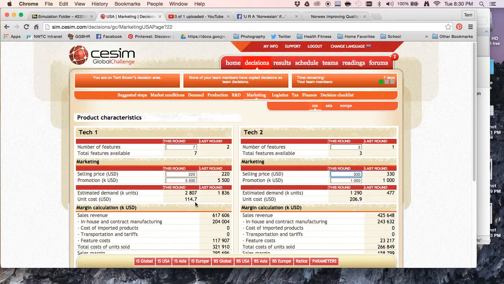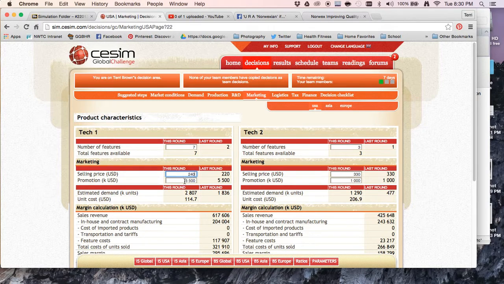I'll then look at the unit cost here. The unit cost for me is 114 US dollars. My demand estimate is there. And right now I have it at about $220. I think that might just be a little bit low given the number of features. So I'm gonna at least double it so that I can make a little bit of a profit on this. So I think I'm gonna do 240.